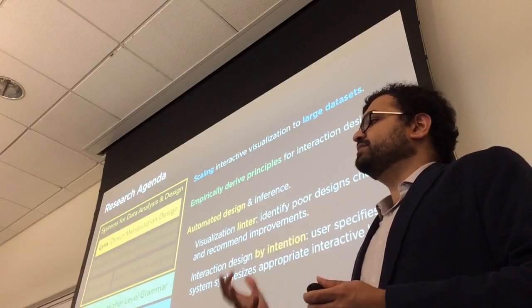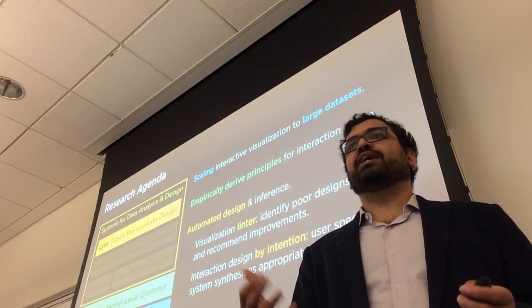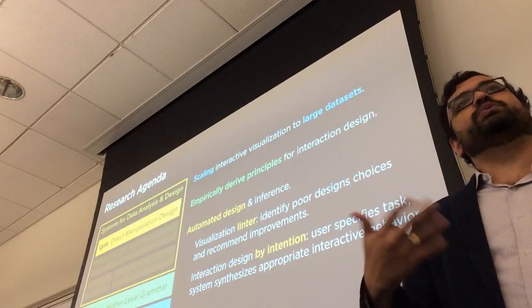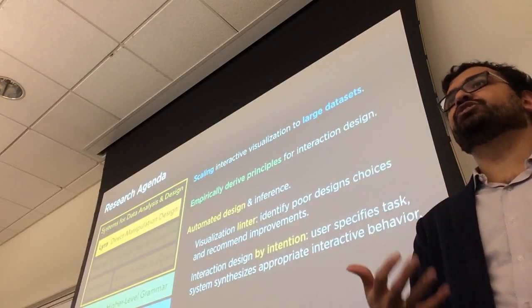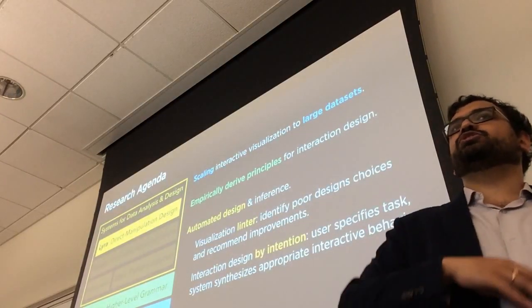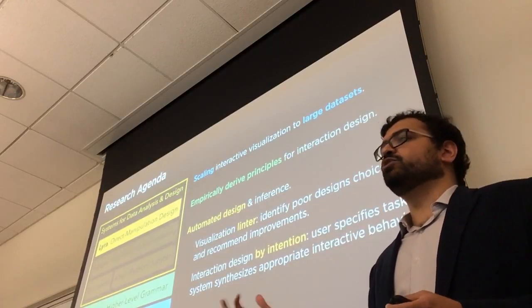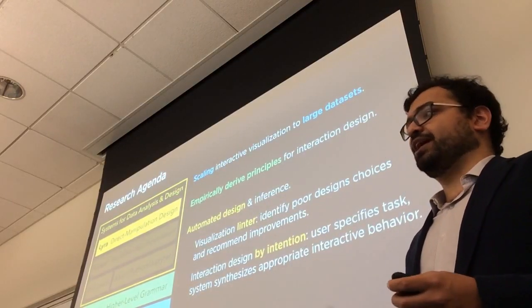So everything I've described so far I would term the operational semantics, right? So I have to say, when I do this particular interaction, make this particular change on my visualization. What if instead the user said, here is just the ultimate question I had, generate for me the most appropriate interaction technique to answer that question?